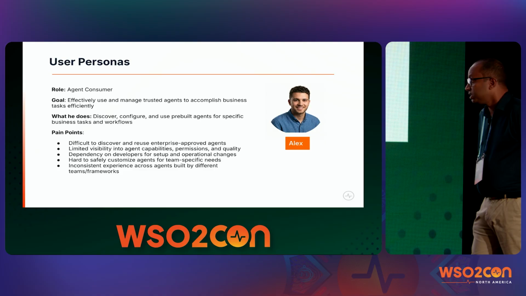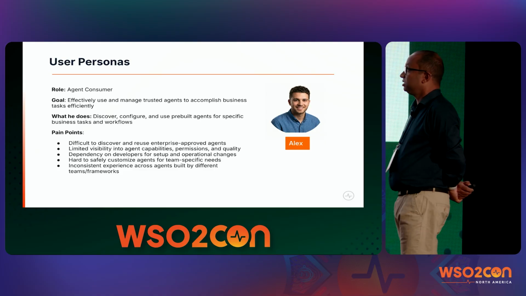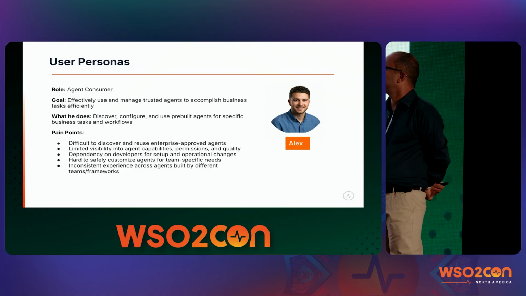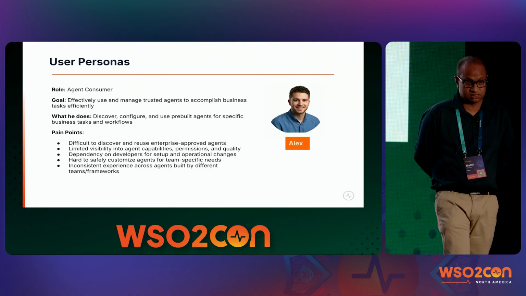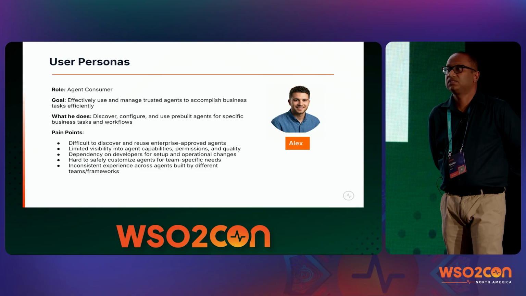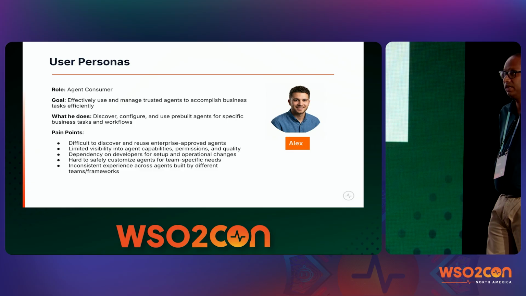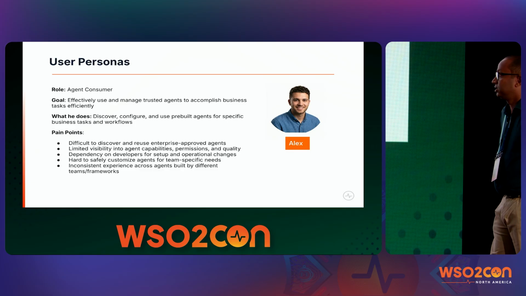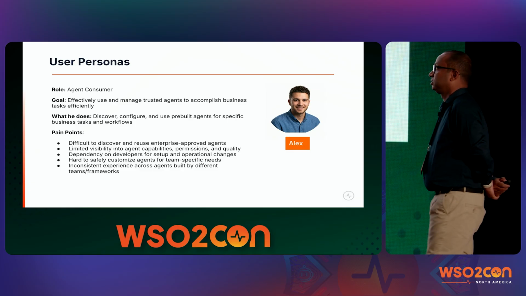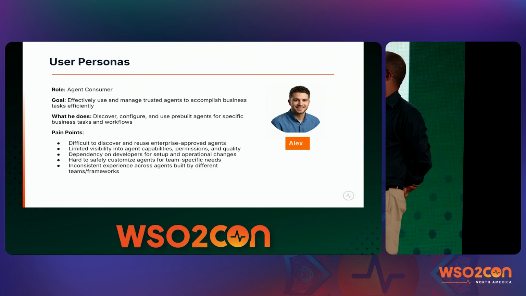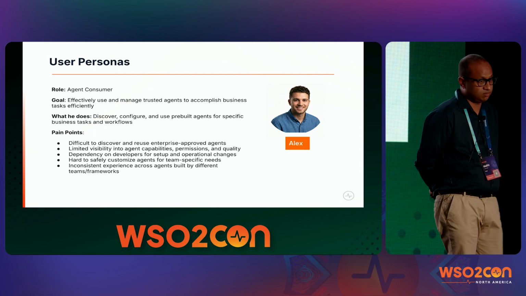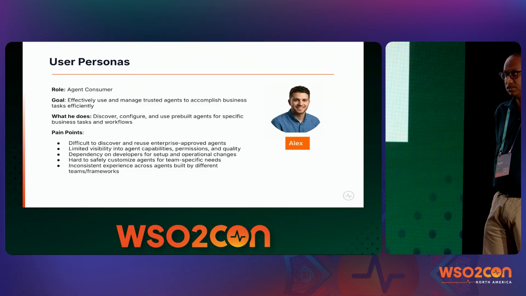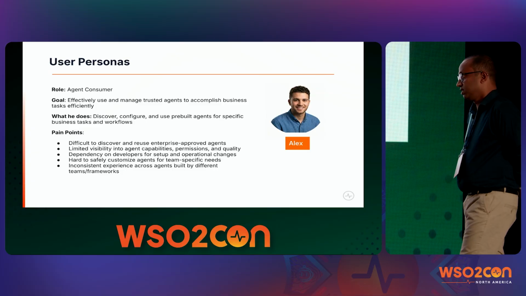This person wants to effectively use and manage trusted agents to accomplish business tasks. He's not building agents from scratch. All he wants to do is discover, configure, and use a pre-built agent for a specific task. This is a very common use case these days.